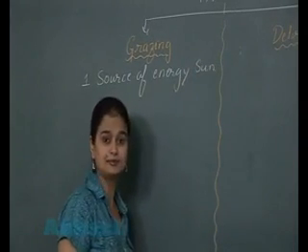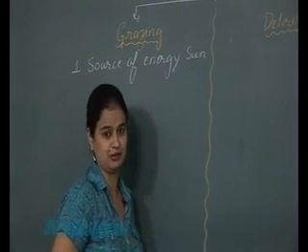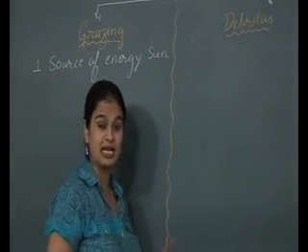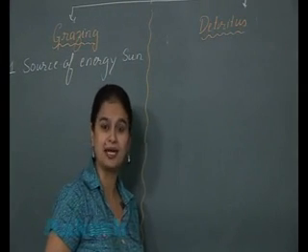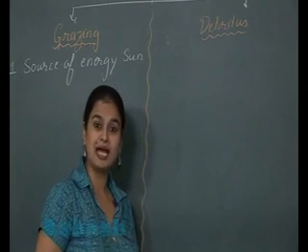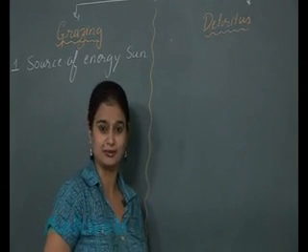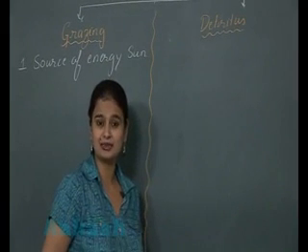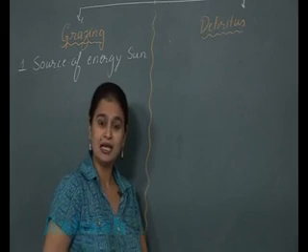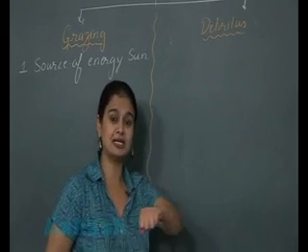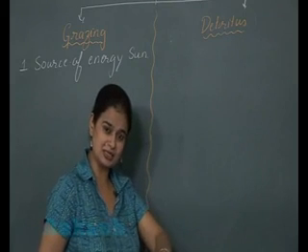is the sun. However, the detritus food chains are based upon the energy which is present in the dead organic matter. So here the energy is obtained from the dead organic matter, like the dead bodies of the plants as well as the animals. This dead organic matter is known as the detritus.